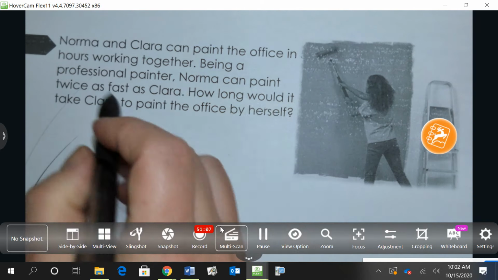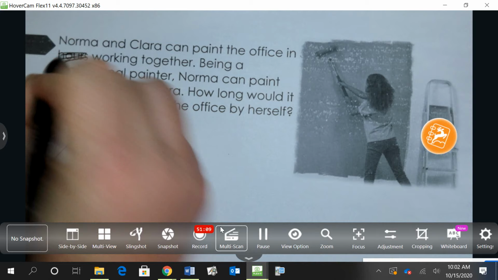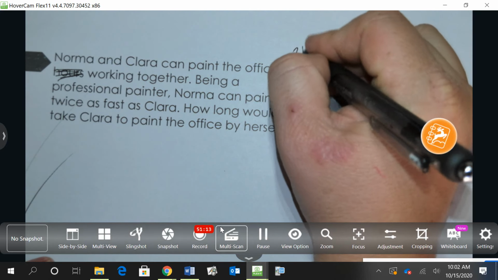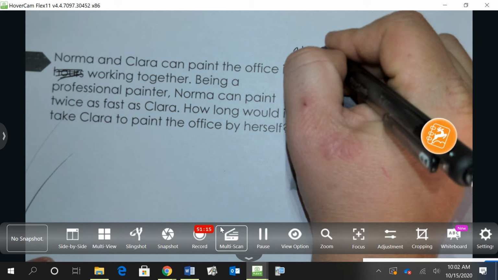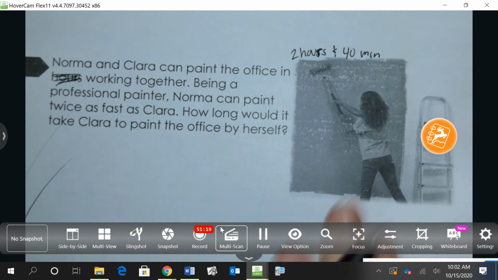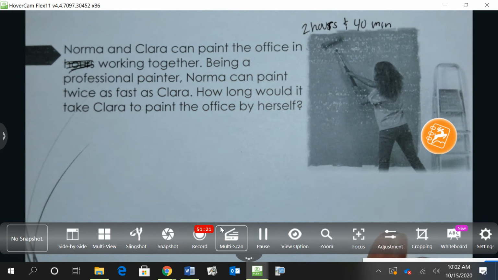Norma and Clara can paint the office together in 2 hours and 40 minutes working together. Being a professional painter, Norma can paint twice as fast as Clara. How long would it take Clara to paint the office by herself?